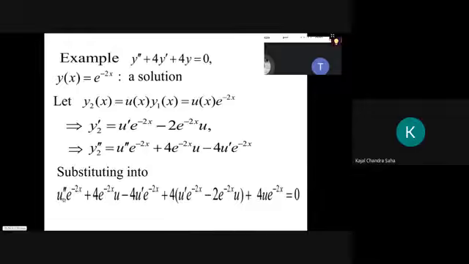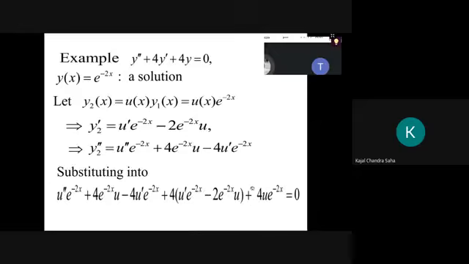That means it becomes u double prime e to the power minus 2x, minus 4u prime e to the power minus 2x plus 4u e to the power minus 2x, and y2 prime value is u prime e to the power minus 2x minus 2 e to the power minus 2x into u, and plus 4u e to the power minus 2x.